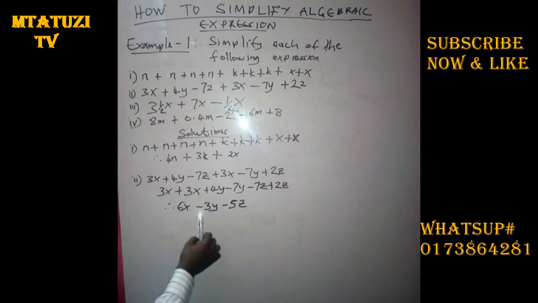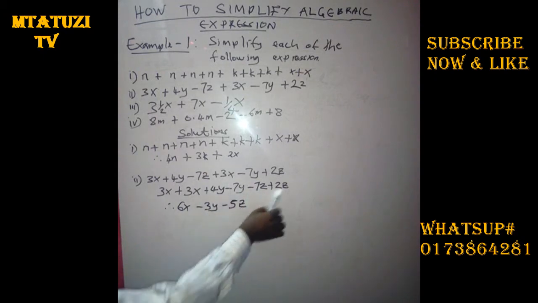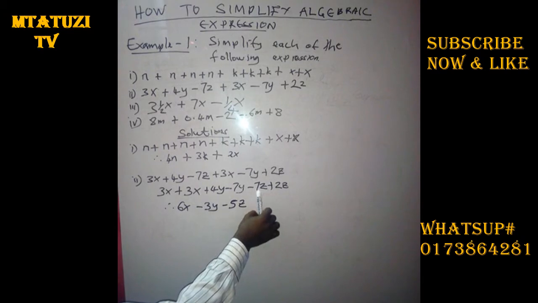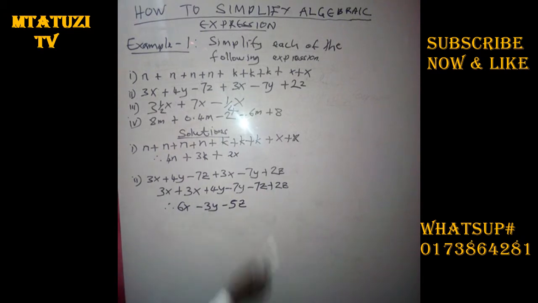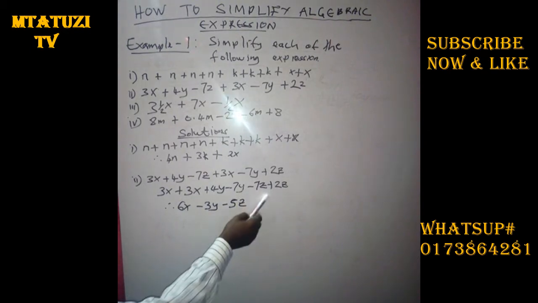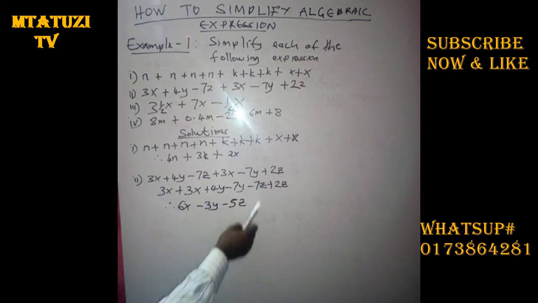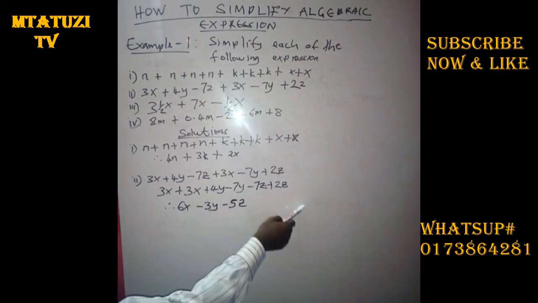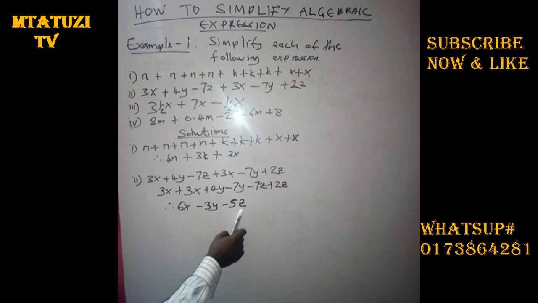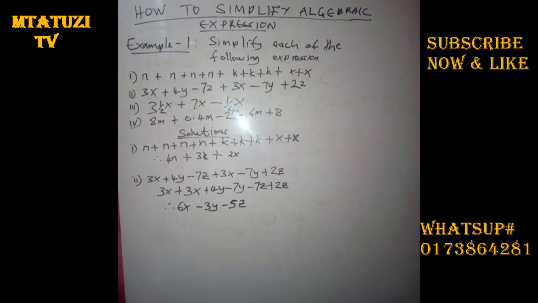So that's why we say negative 3y. Here also in the case of z, negative 7z plus 2z, you get negative 5z: you have 2 and you owe someone 7, so if you give that person 2, you remain owing 5.